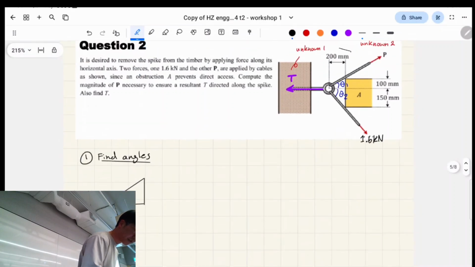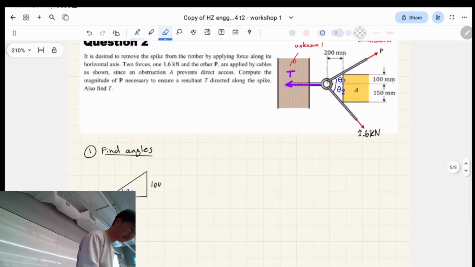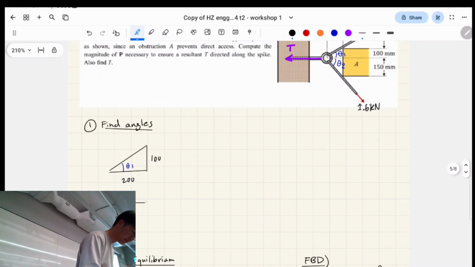So we're going to use geometry. This horizontal dimension will be 200 mil, and this is 100 mil based on this. And our other shape is this one. We have another angle going on here.